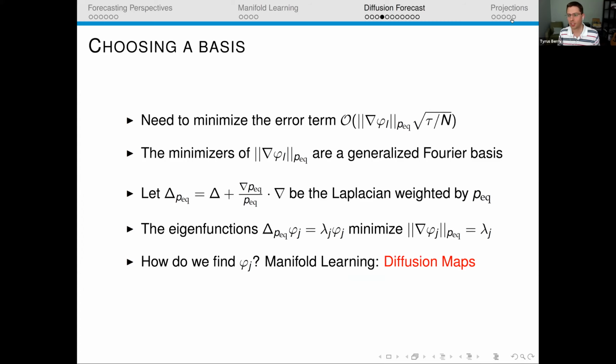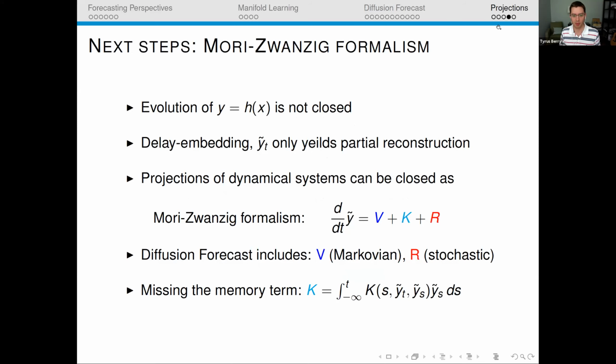So I had a lot more to talk about potentially, but I just want to say, real briefly, because it leads into the next talk, that this method of forecasting runs into significant problems because of the curse of dimensionality, right? If you have this data set and you're trying to reconstruct this attractor, and the attractor is 13-dimensional, you're not going to be able to reconstruct the attractor and learn it from data. One potential step forward is through this Mori-Zwanzig formalism, which tries to decompose dynamics.